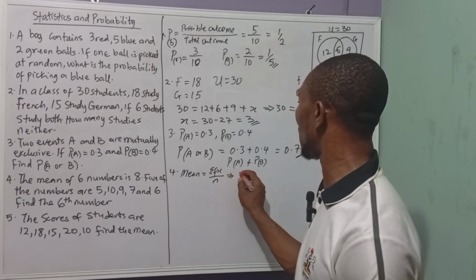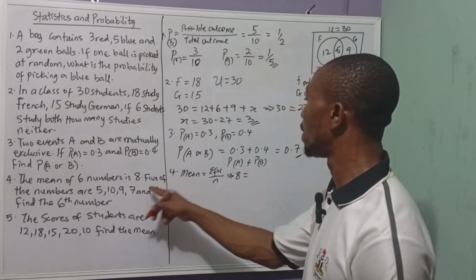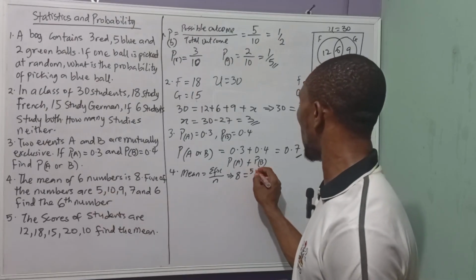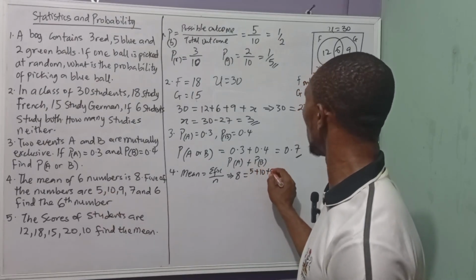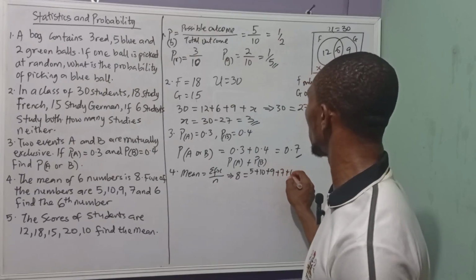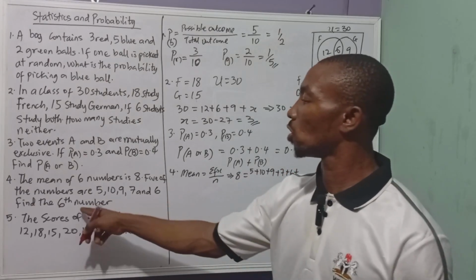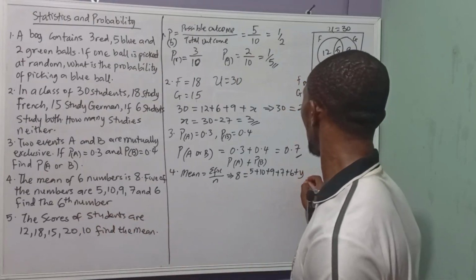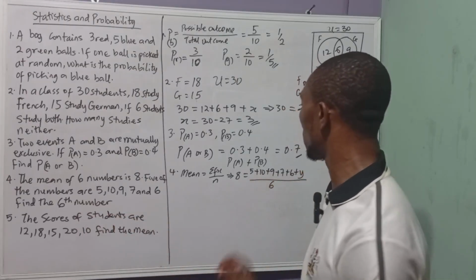Our mean is given as 8 equals, adding up these numbers, 5 plus 10 plus 9 plus 7 plus 6 plus the 6th number, which is unknown, let's call it y, all over 6.